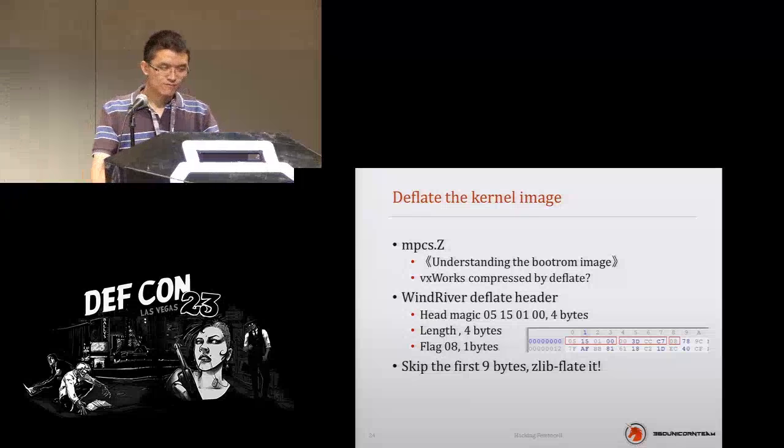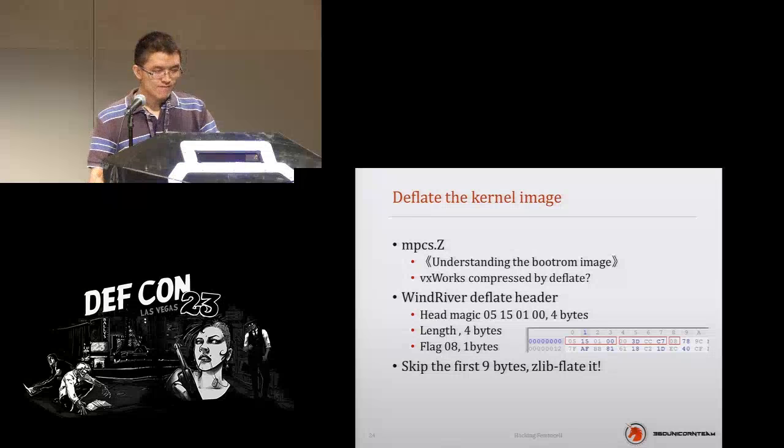Okay, and from the file name mpc.z, we can guess that it may be a compressed image. But, well, I used the VxWorks tool to try to find any information about the image type, and I got nothing.